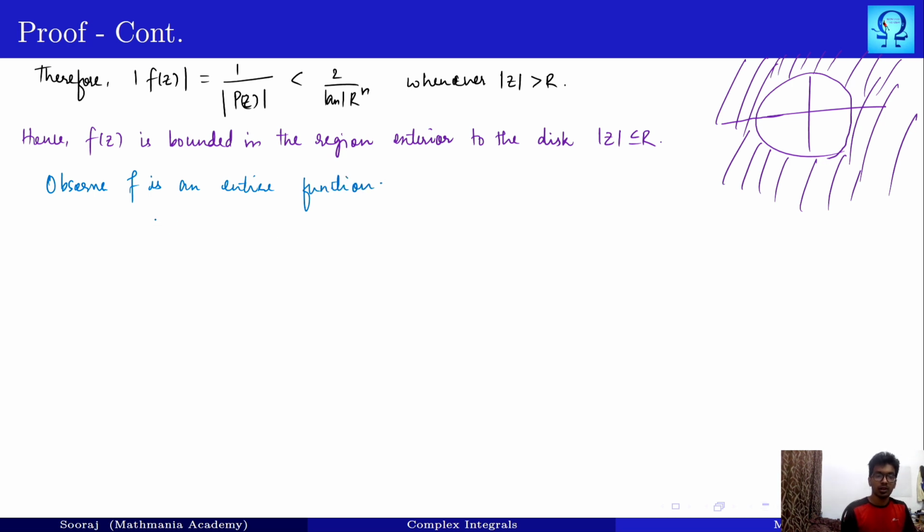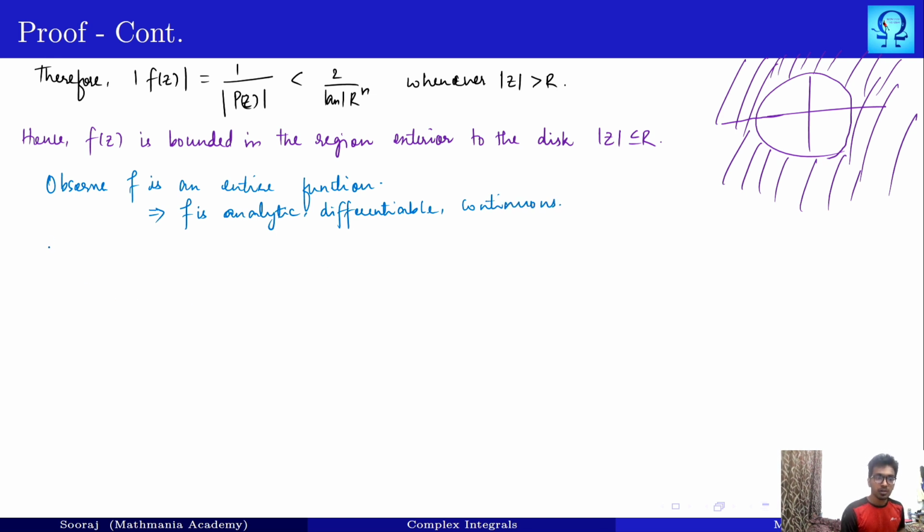This property entire function gives us that f is basically analytic. This analyticity will imply differentiability, and this differentiability will imply continuity.